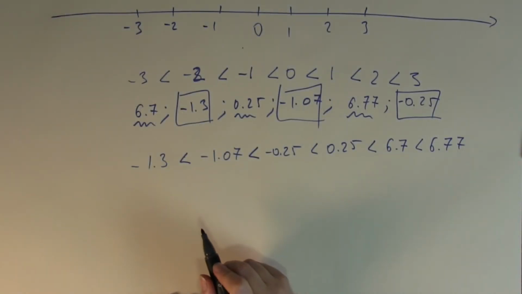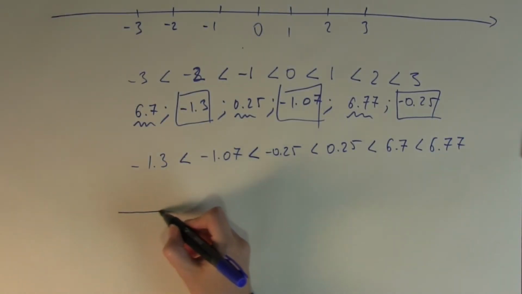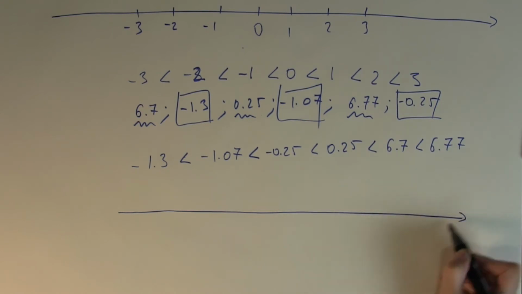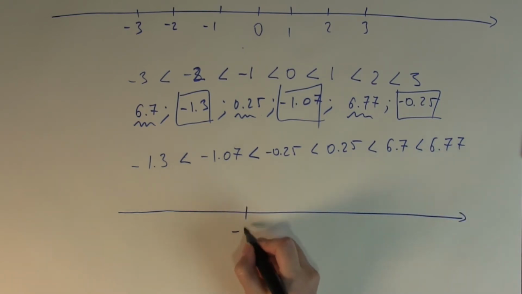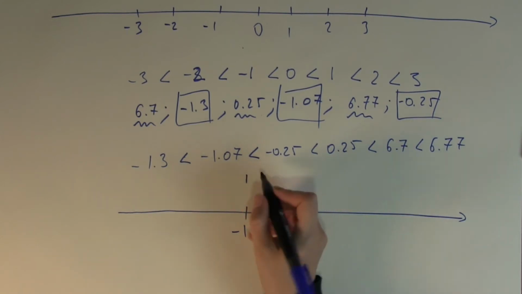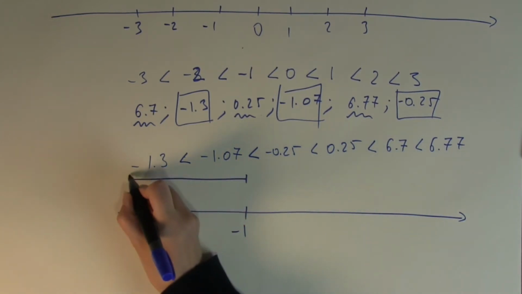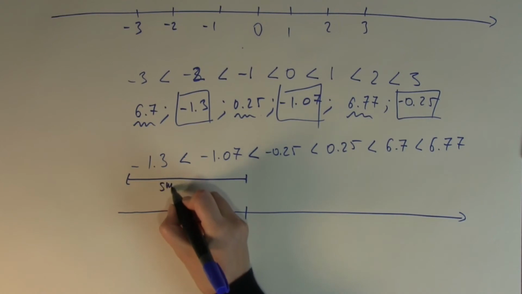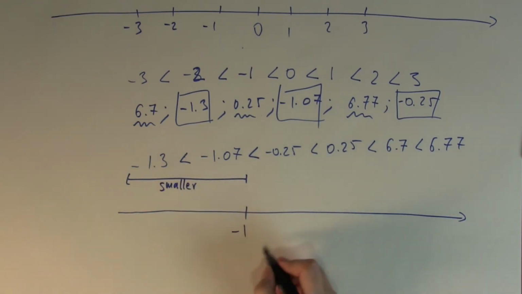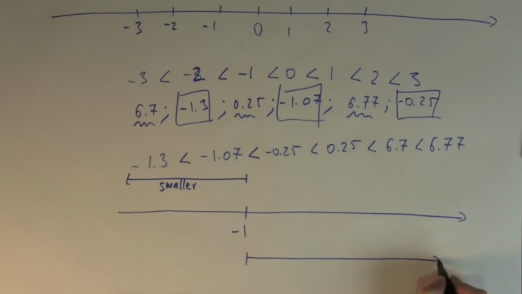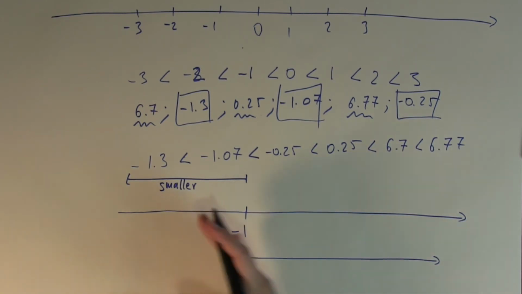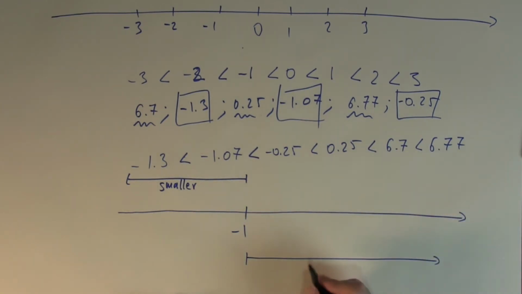So when I want to compare numbers, if they're bigger or smaller than -1, this is -1 here on the number line. Anything that is on the left of -1 will be smaller, and anything that is bigger than -1 will be on the right side of -1, so these ones are bigger.